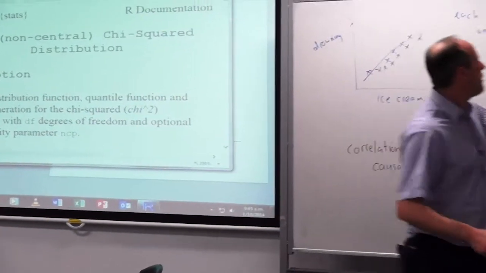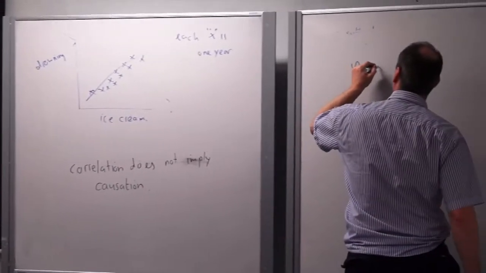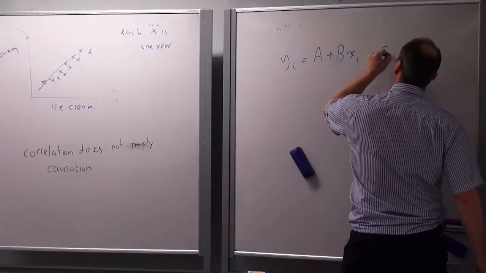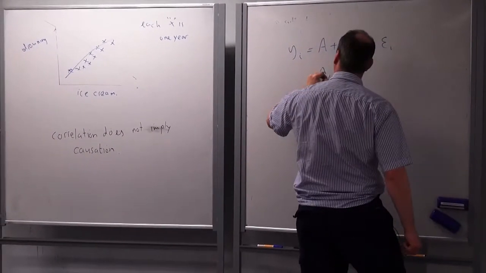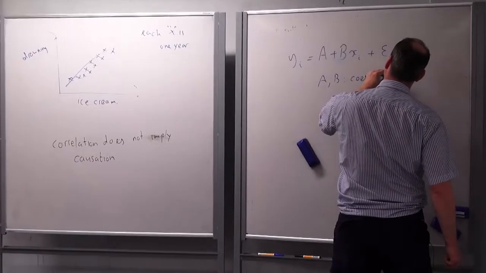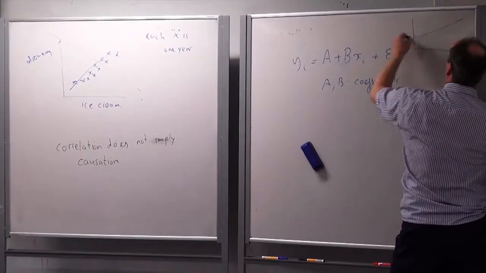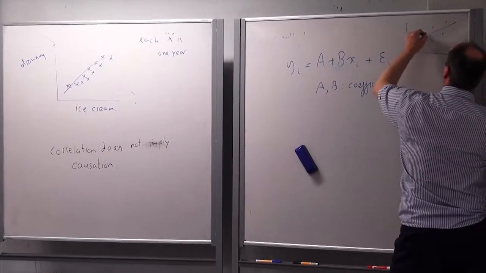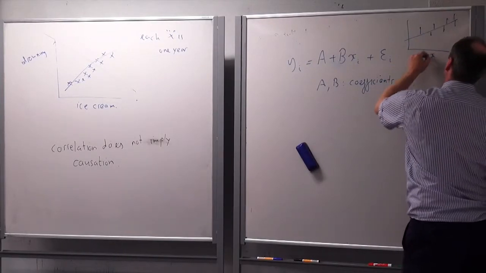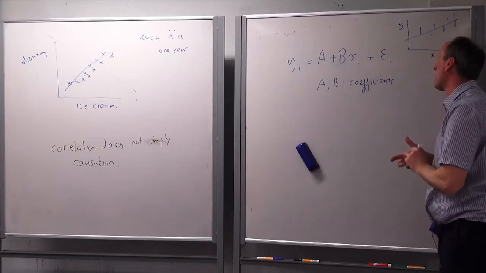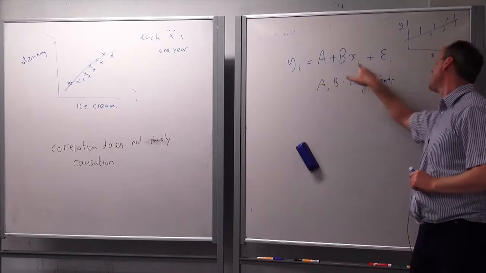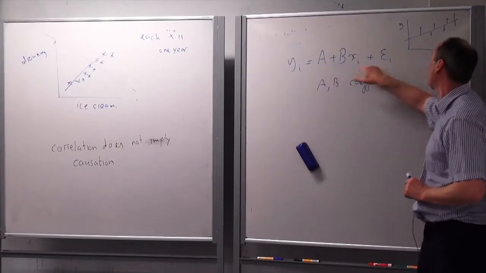Before I forget, the equation we used was y_i = A x_i + B + epsilon_i, where A and B are your coefficients. The equation itself, and you'll remember we were trying to estimate A and B in terms of maximum likelihood.